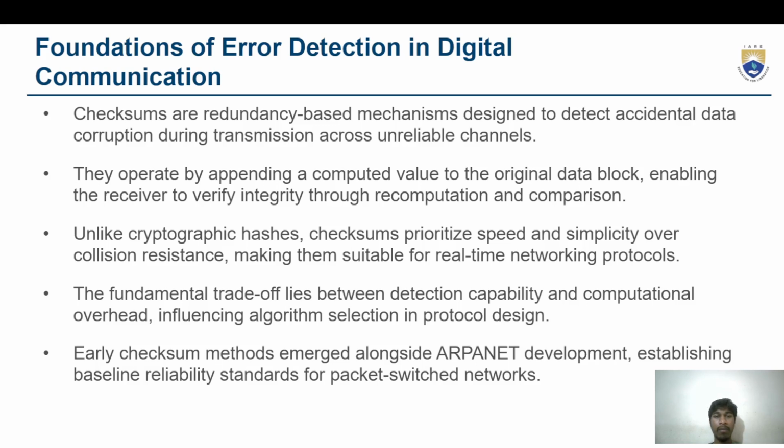They operate by appending a computed value to the original data block, enabling the receiver to verify that the actual data is what was sent by the user. Unlike cryptographic hashes, checksums prioritize speed and simplicity over collision resistance, making them suitable for real-time network protocols.